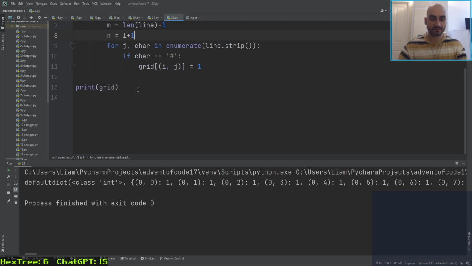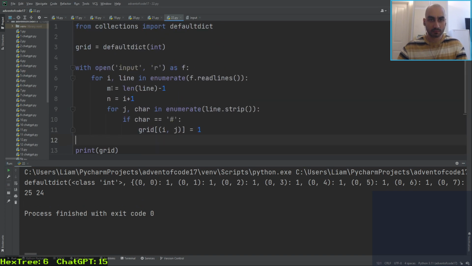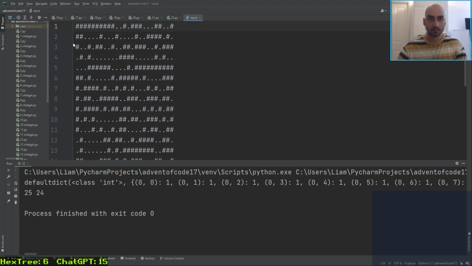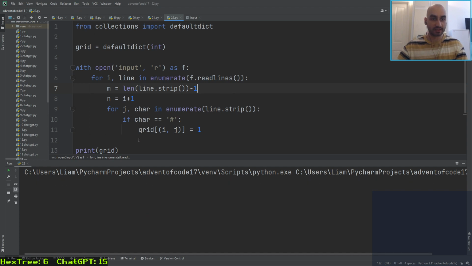Just make sure we got the right values. It should be 25, 25. We get 25, 24, and m equals length line minus 1. Just do dot strip. Sometimes the final line doesn't have the newline. I get it. Okay, final line doesn't have the newline.